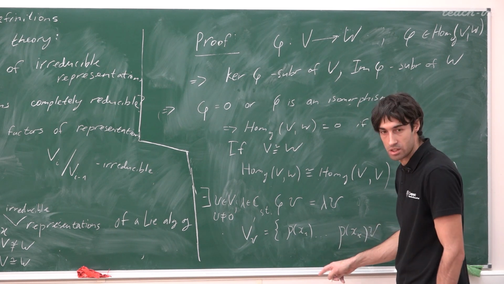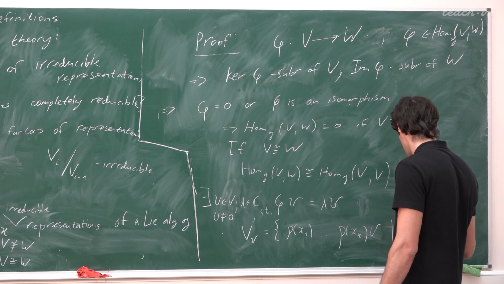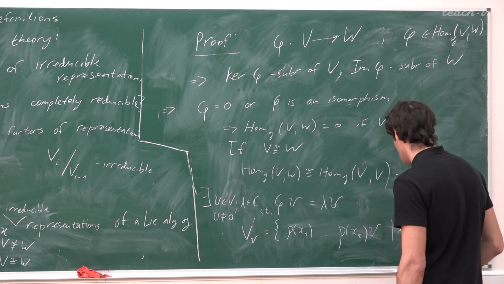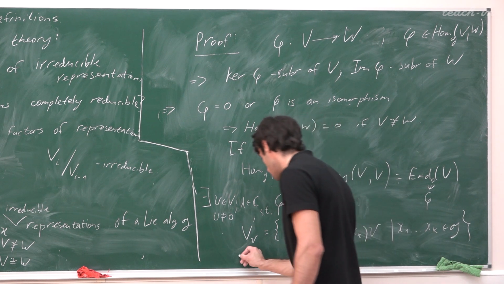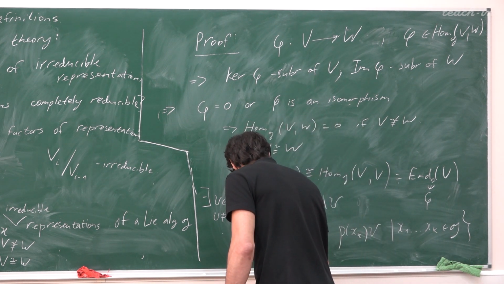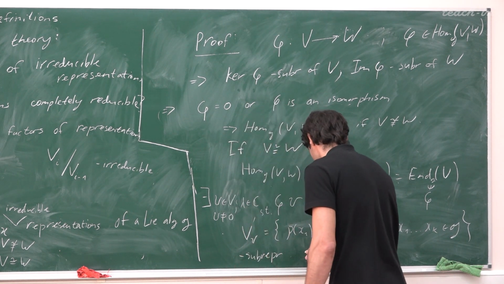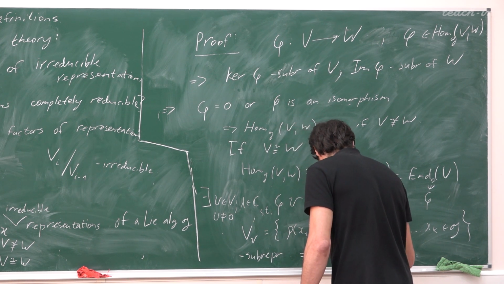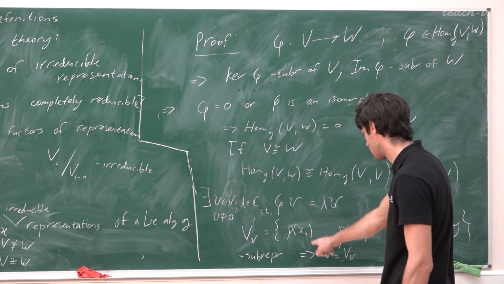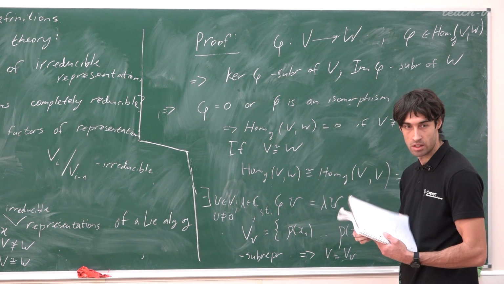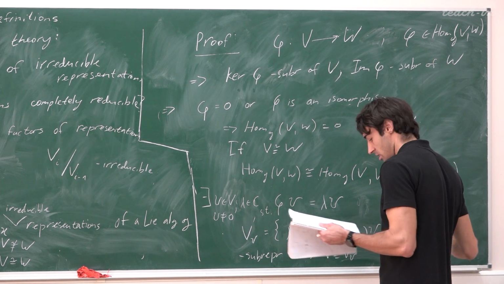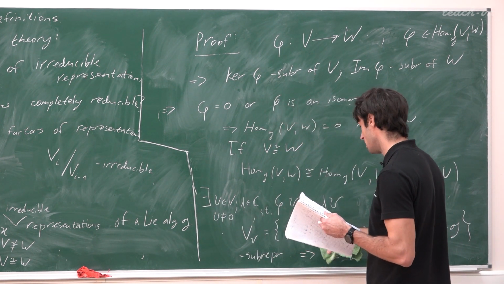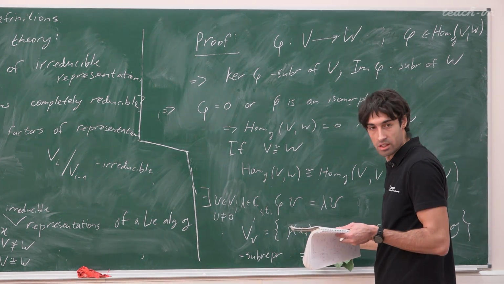Any such sequence, where x1, xk live in G. So this is a subrepresentation. But since V is irreducible, it coincides with the whole space. So therefore, any vector I can write down like that.